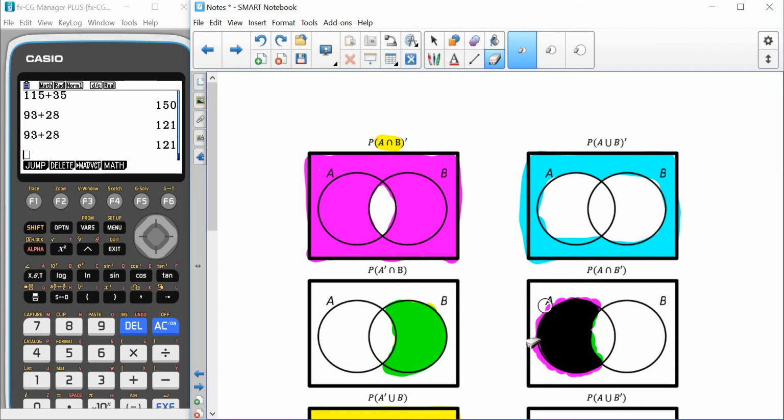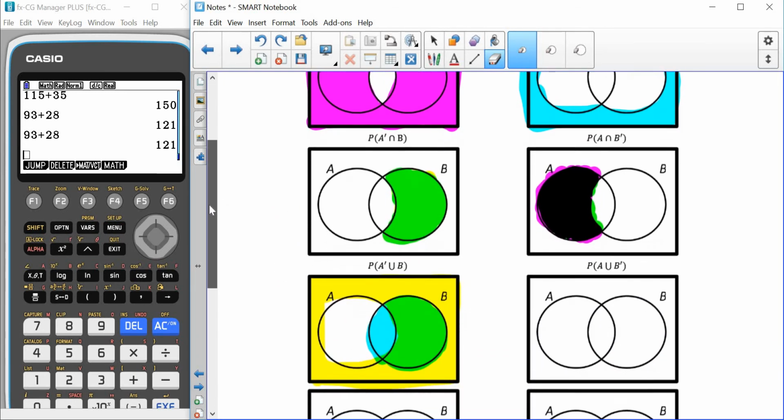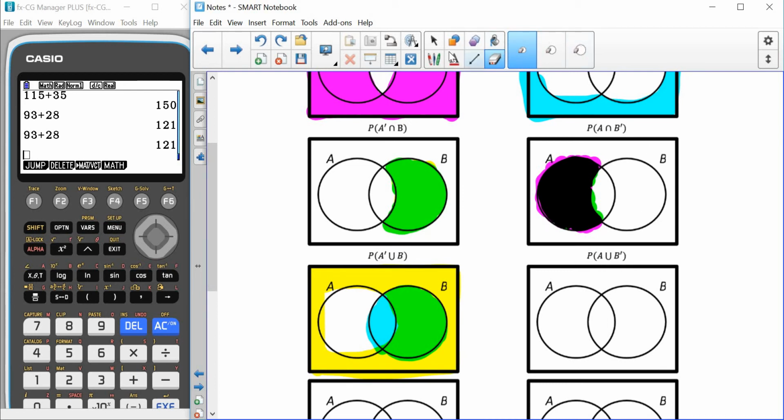So similar to the example in this section, it ends up being the half moon bit, but this time it's the half moon bit that's in A. Next, we're looking at A or not B. So A means colouring in the inside of A. Not B means everything outside of B. And because it's or, we want all of these sections here.